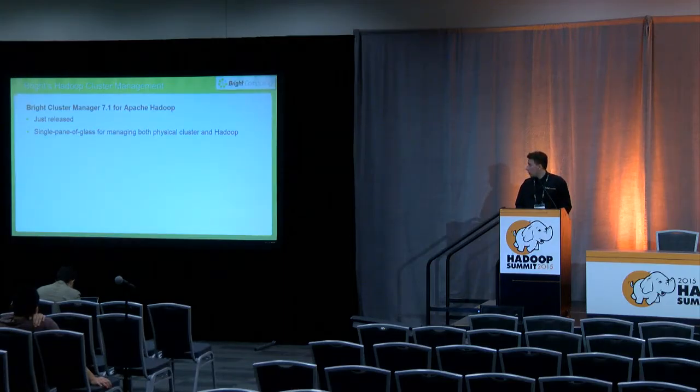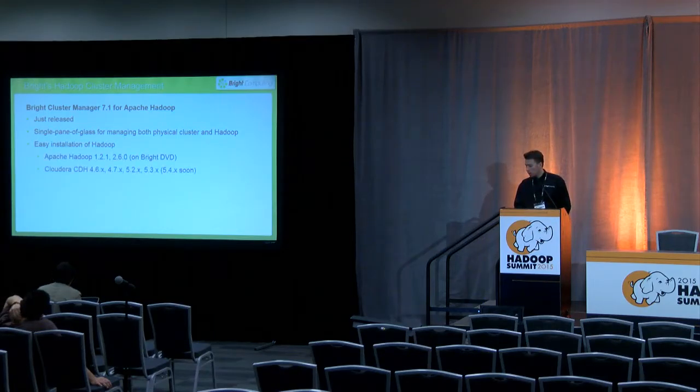Overall, version 7.1 of our Bright Cluster Manager for Apache Hadoop is just released. It gives you just one interface to manage both your physical cluster and your Hadoop cluster. It gives you fast and easy installation of Hadoop. In terms of supported Hadoop distributions, you can see more details here.